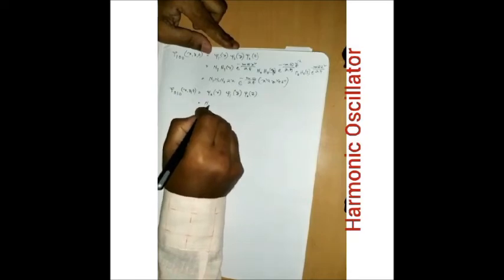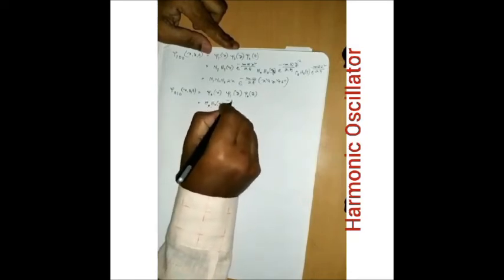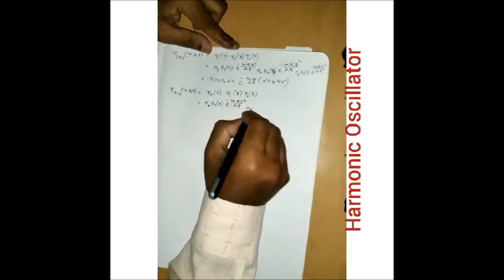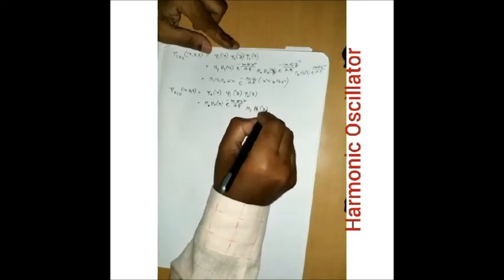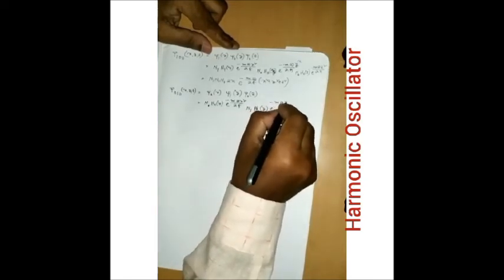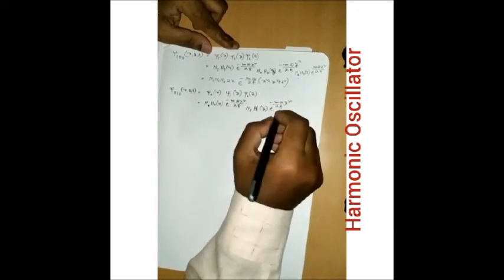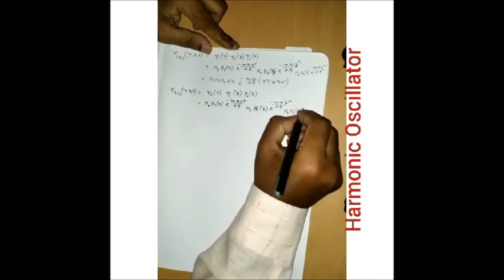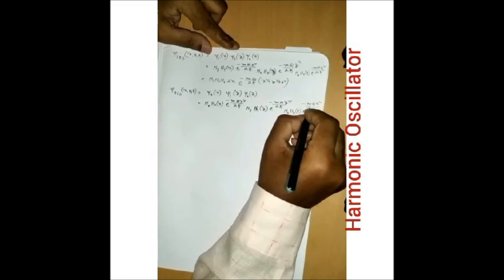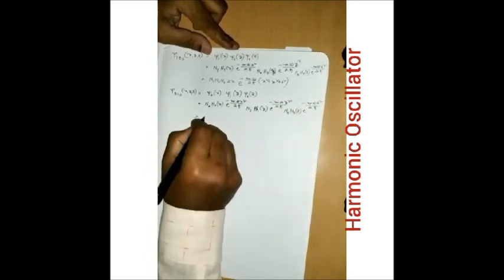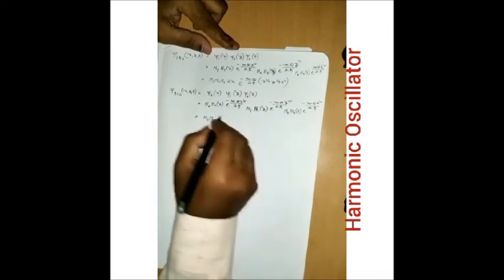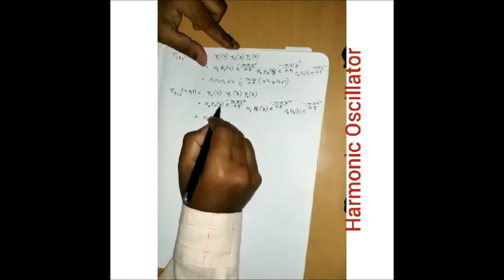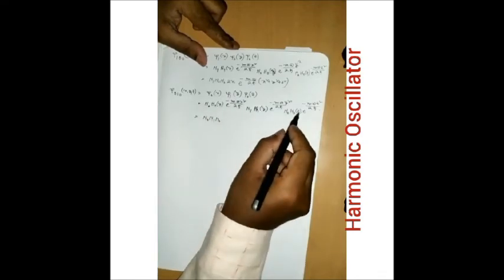So for this, N naught H naught x e to the power minus m omega x square upon 2 h cut; for psi 1 y, N1 H1 y e to the power minus m omega y square upon 2 h cut; for psi 0 z, N naught H naught z e to the power minus m omega z square upon 2 h cut. So H0 x means 1, H1 y means 2y, and this is again 1.